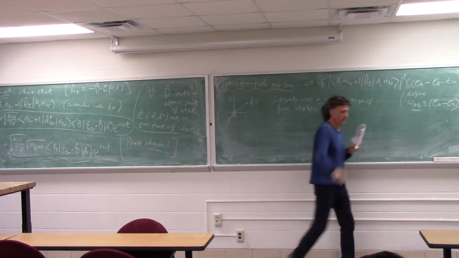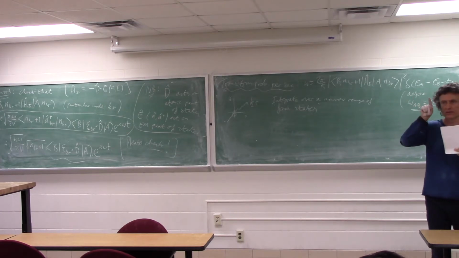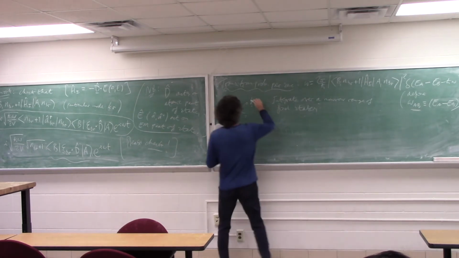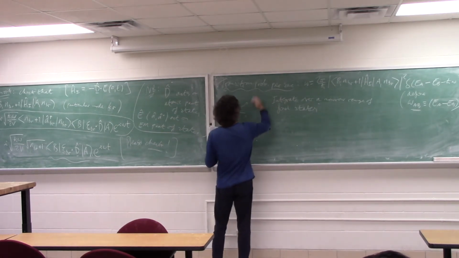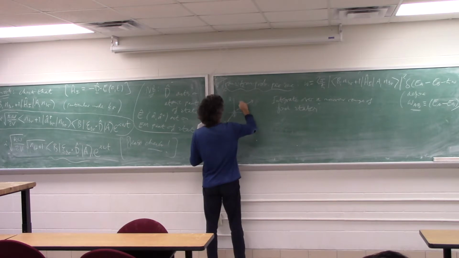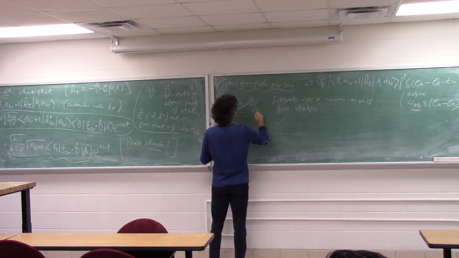Formally, W is the transition probability per second for the atom to emit the photon with one definite wave vector. But what you do is you consider a range of wave vectors. You might consider some little element d3k.